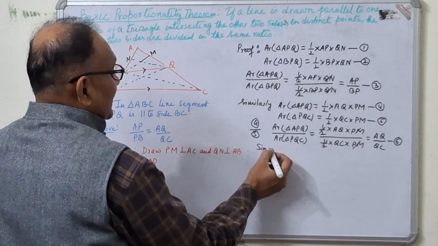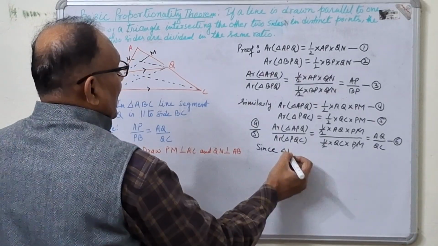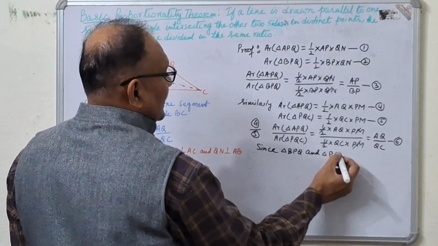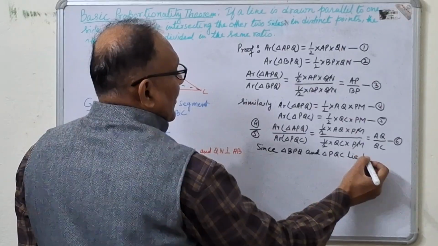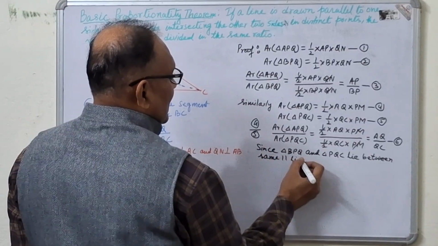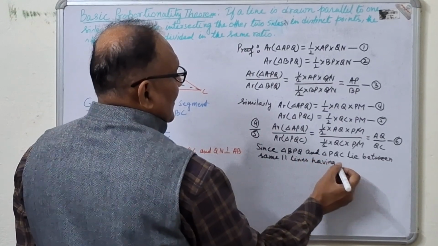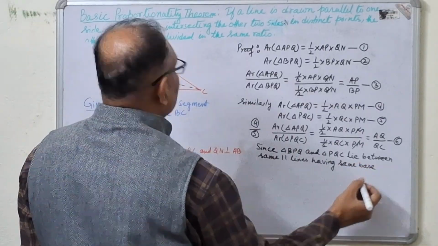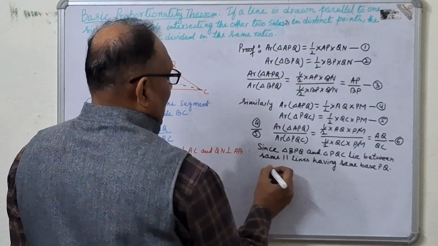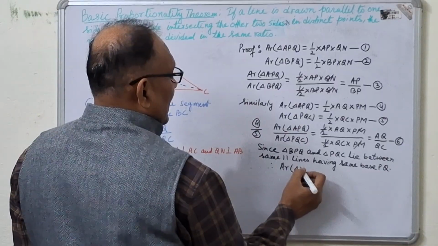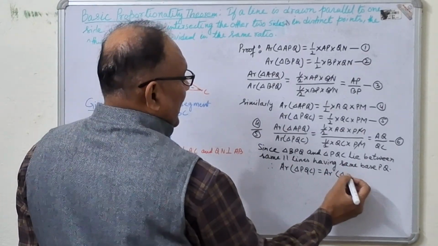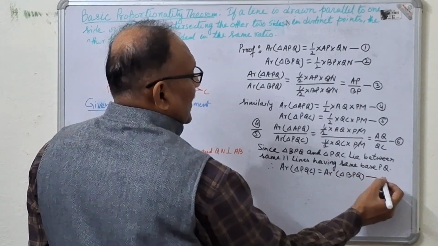Since triangle BPQ and triangle PQC lie between the same parallel lines having the same base PQ, therefore area of triangle PQC is equal to area of triangle BPQ. Equation 7.